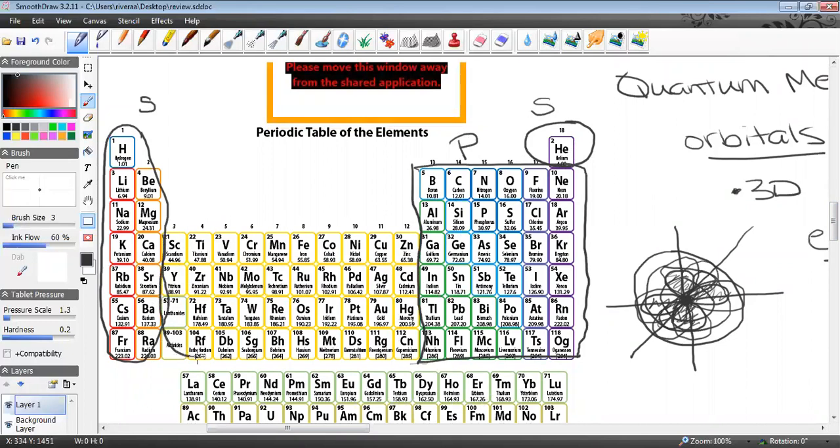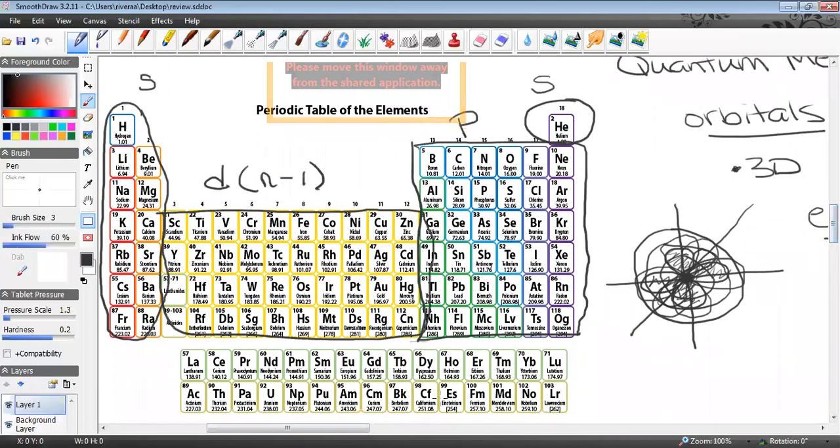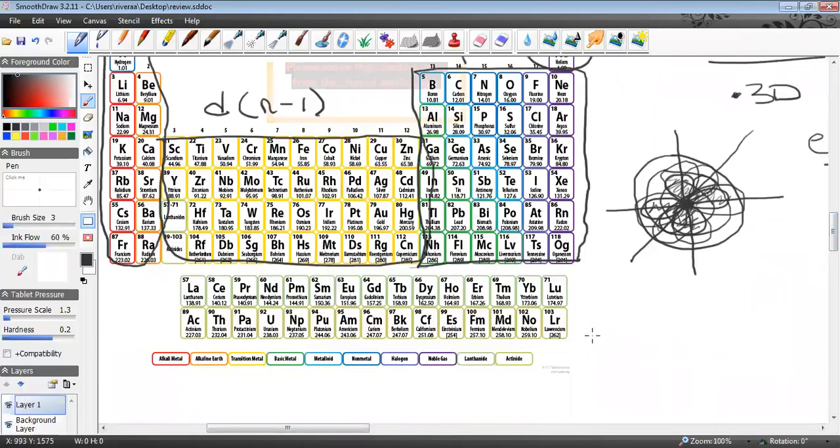The transition metals here in the middle, all of these guys here in yellow, this is my D block, and the energy level goes down by 1. Again, please don't quit on chemistry. If you weren't here for this, it's okay, you don't need it. And this block down here is called your F block.